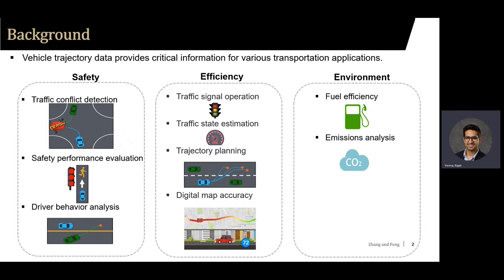Also, it could help us to design the trajectory planning and improve the accuracy of the digital map. By using the vehicle trajectory data, it could help us to create the environmental friendly traffic environment, like it could reduce the fuel consumption and emissions.